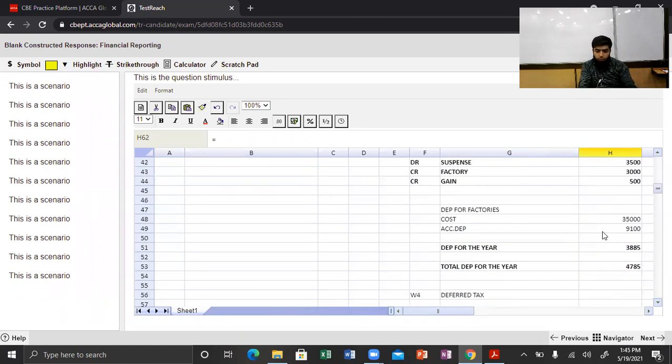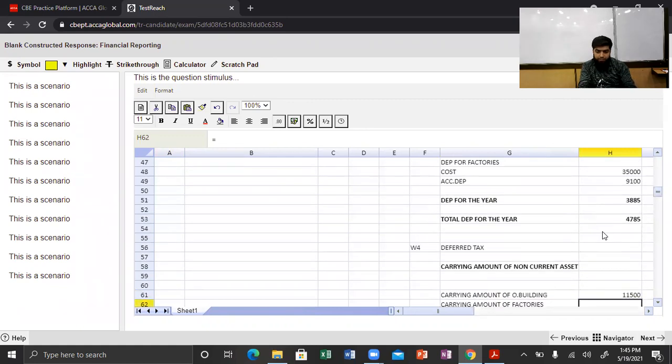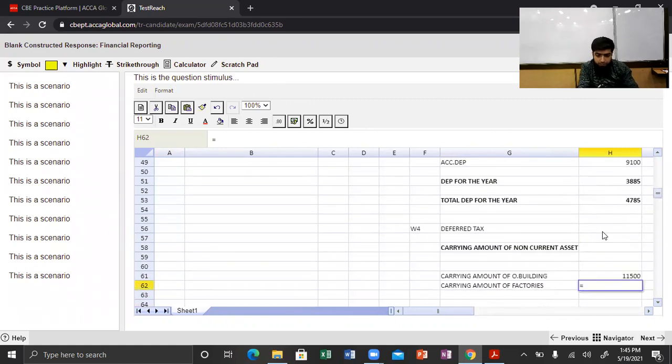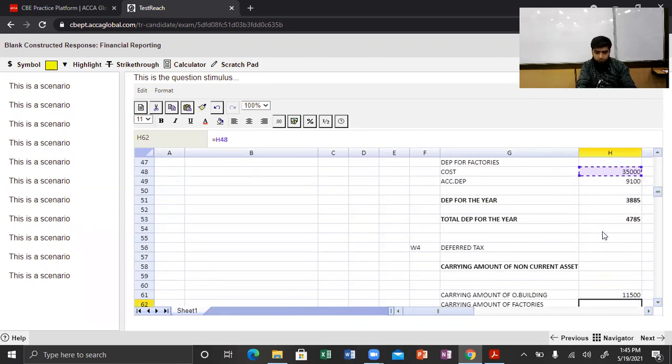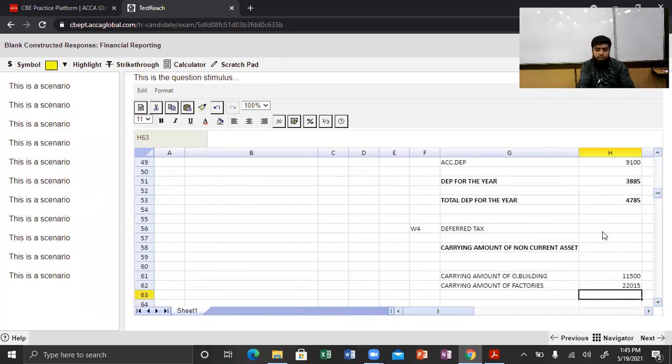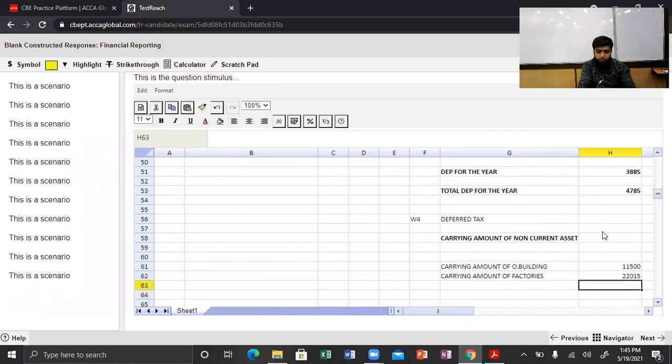The cost was 35,000, after the disposal 35,000, minus the accumulated depreciation 9,100, and further depreciation for the year is 3,885. It means 22,015 is the carrying amount of factories.